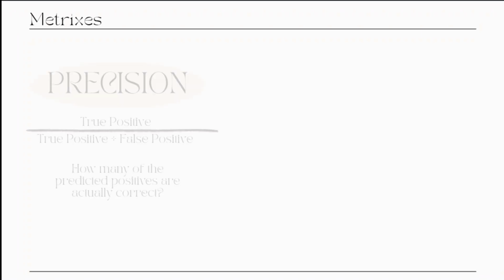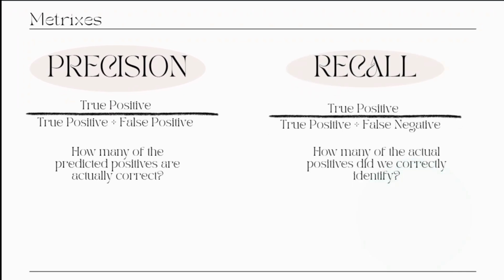We decided against using accuracy itself as a metric because it does not cover all of the edge cases, but we opted for using the combination of precision and recall. Both of the formulas you can see on the screen, and the first one shows us how many of the predicted positives are actually positive, and recall shows us how many of the actual positives were predicted correctly.